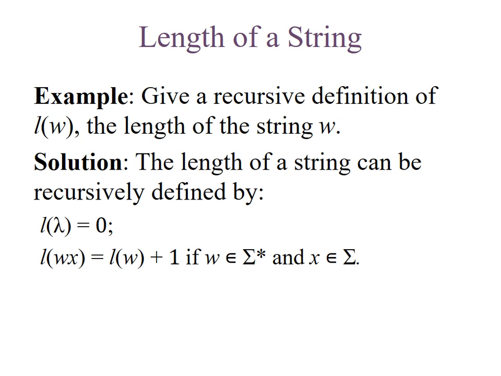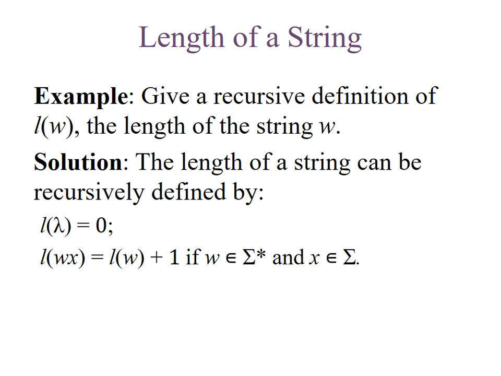Okay, so let's see. When we have the string love, we can apply this recursive definition to calculate the length, because love we can separate into another string LOV and one alphabet. So we have the special names W1 and X1: the string LOV is called W1, and the alphabet E is X1.